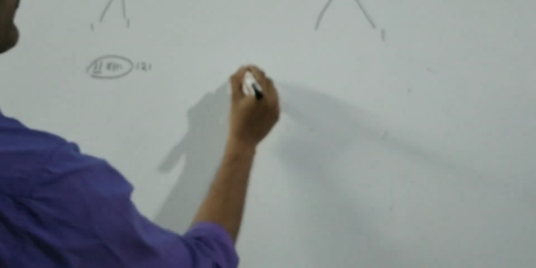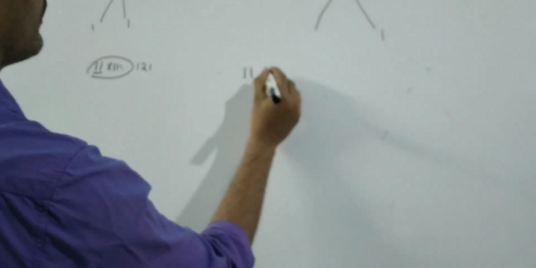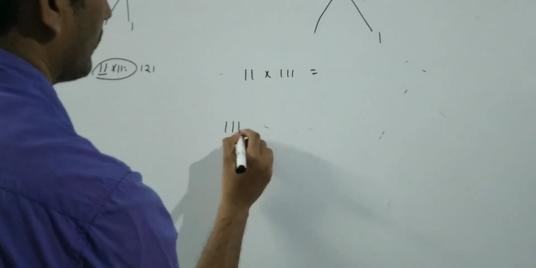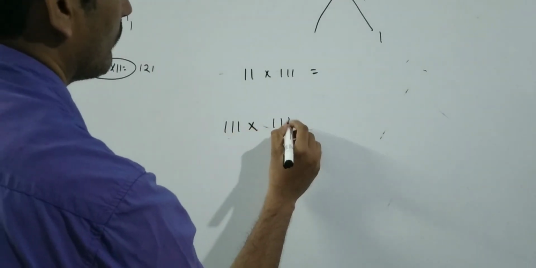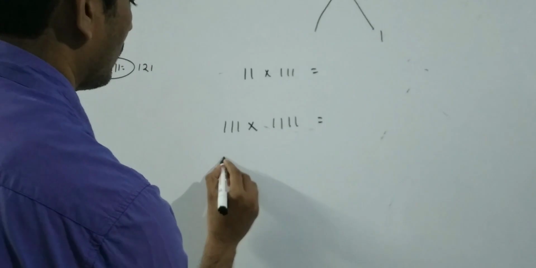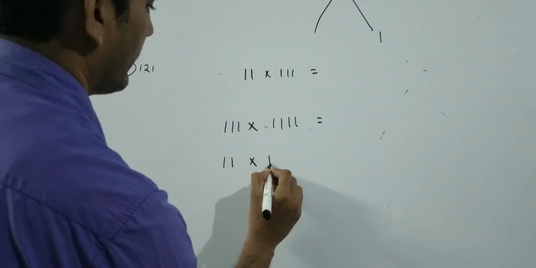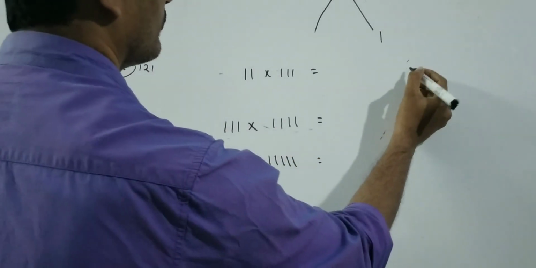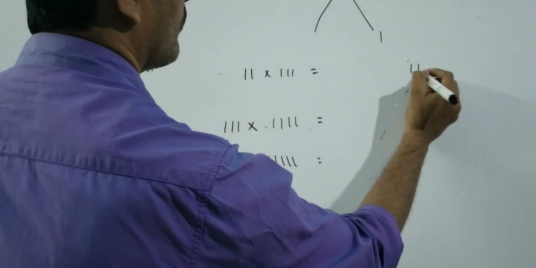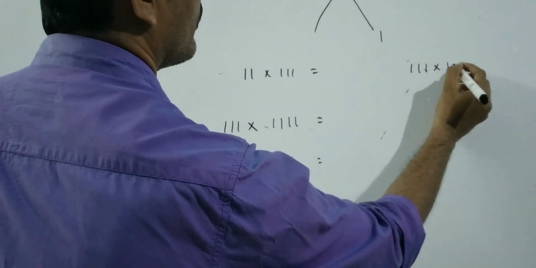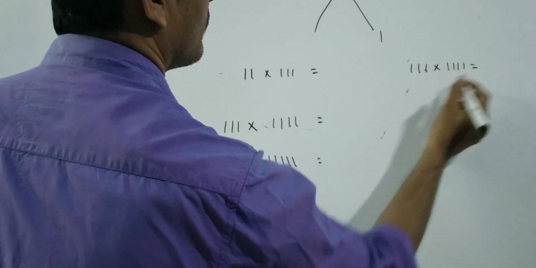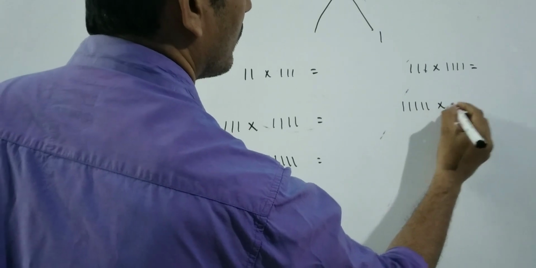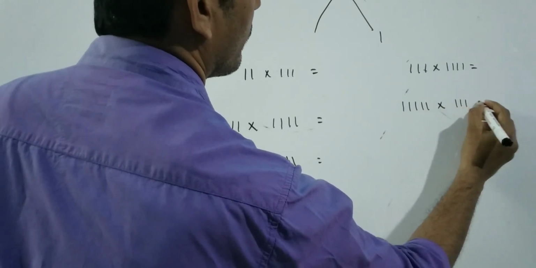See friends, 1, 1 into triple 1. Triple 1 into 1, 1, 1, 1. 1, 1 into 5 ones. 1, 1, 1 into 1, 1, 1, 1. 1, 1, 1, 1, 1 into 1, 1, 1.